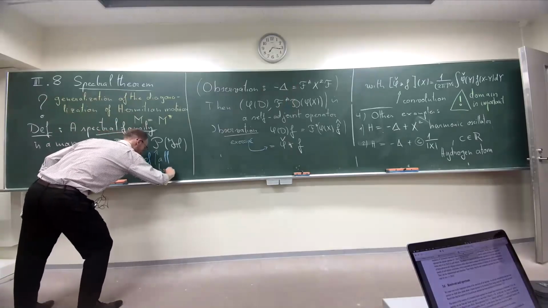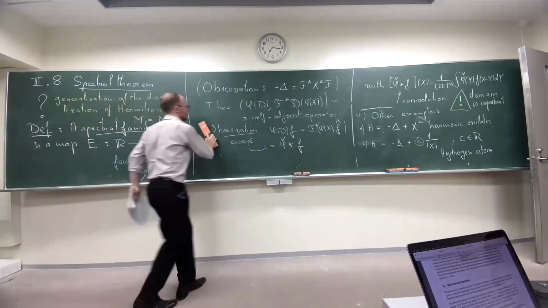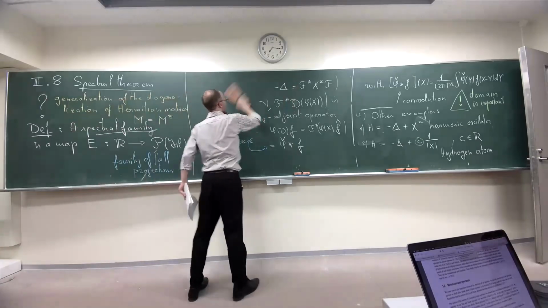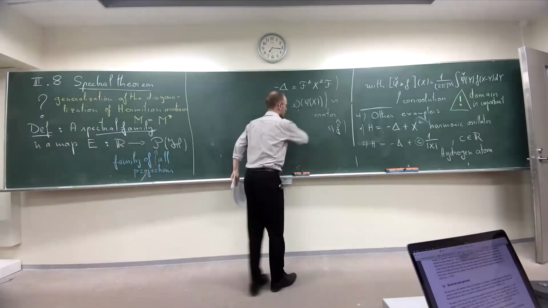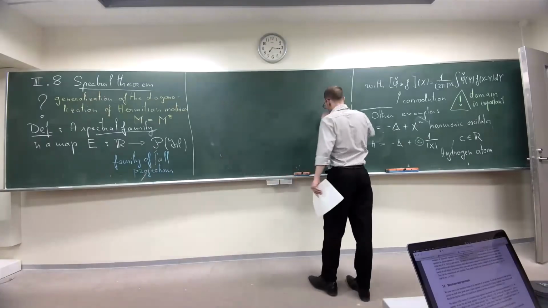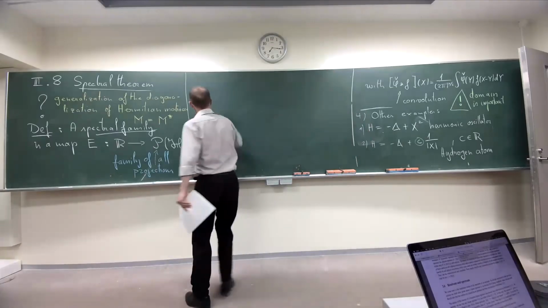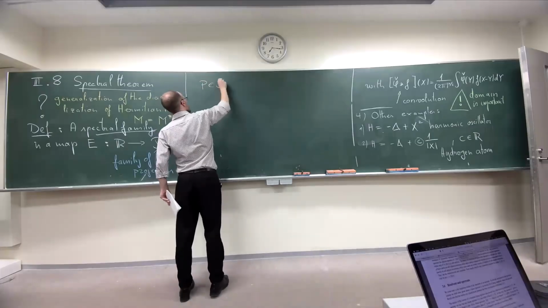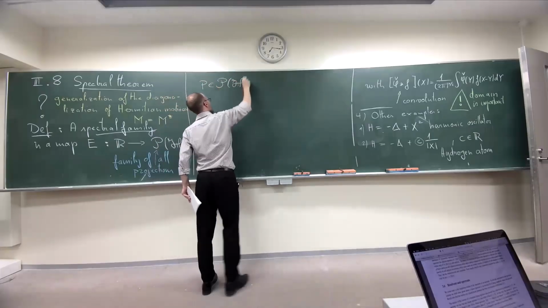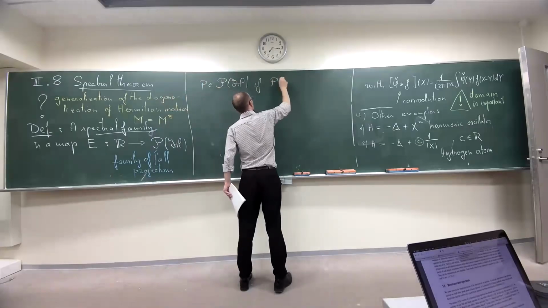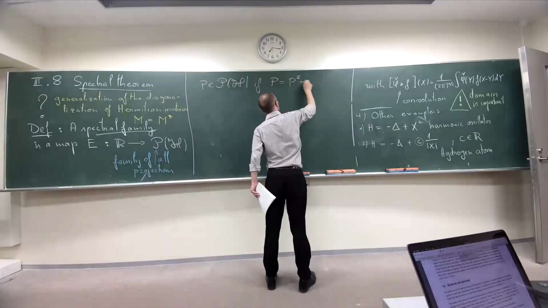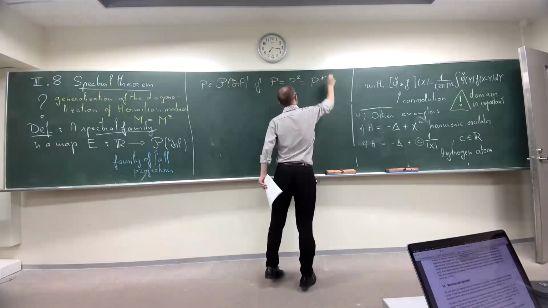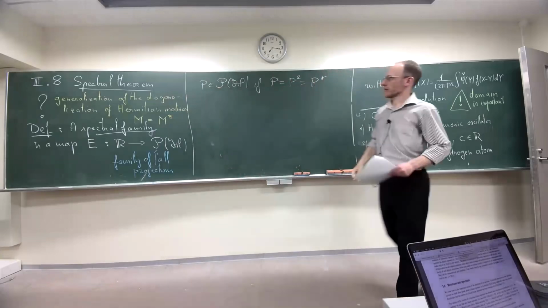I hope you remember what a projection is. We studied this three weeks ago. A projection, I call it P, is in this P of H if P is equal to P square is equal to P star.